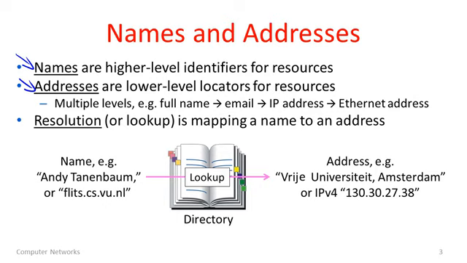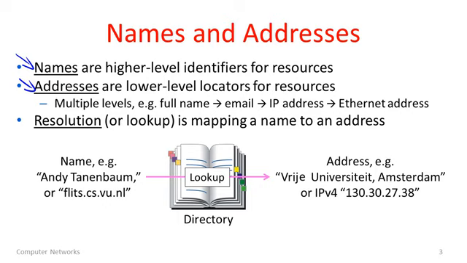For instance, a full name might be a high level name which might be mapped to a lower level address such as an email address. But this email address itself could also be thought of as a high level name which could be mapped to a lower level address such as an IP address and then an Ethernet address to find it. Resolution or lookup is the process of mapping a name to its address.